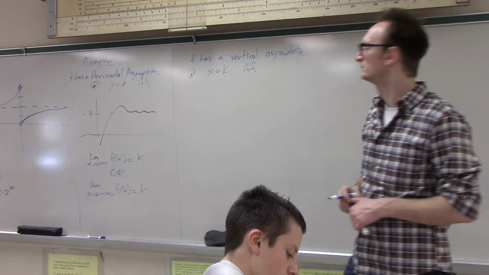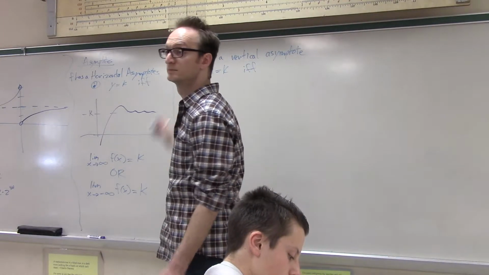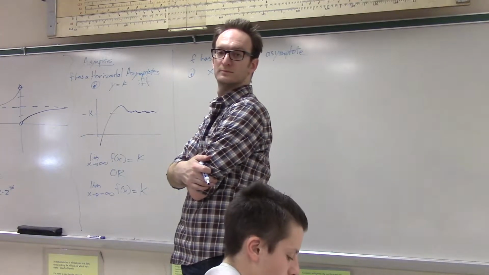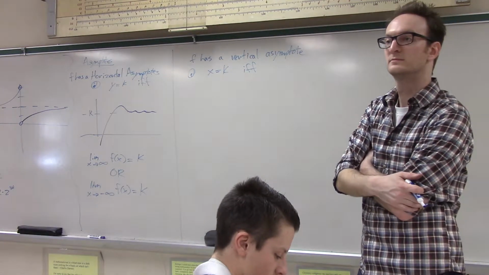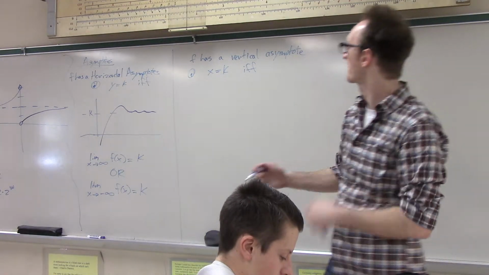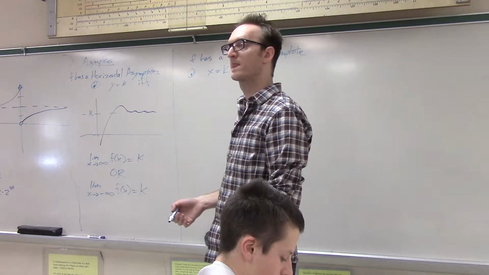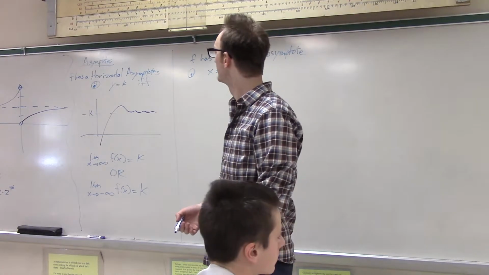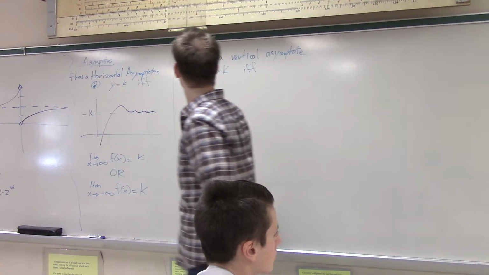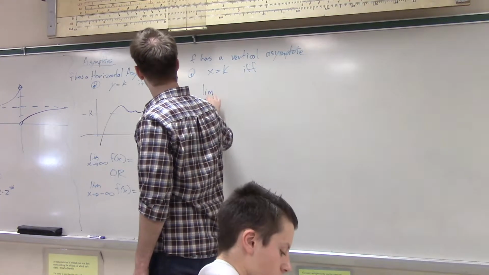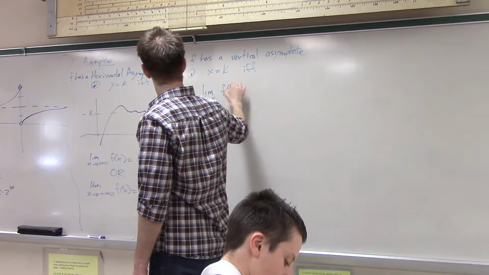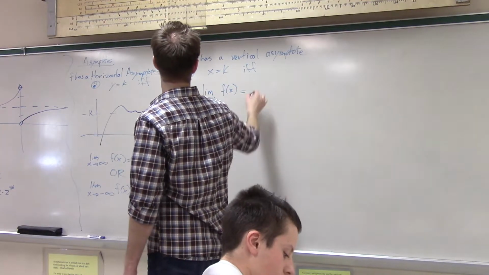As x goes to k, f of x goes to infinity or negative infinity. Pretty much, right? Yeah. You didn't use the word limit, but if the limit as x approaches k of the function is infinity.